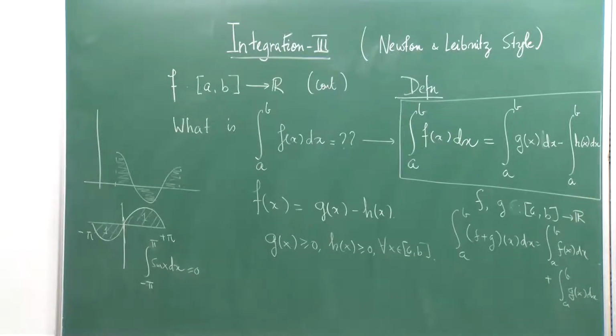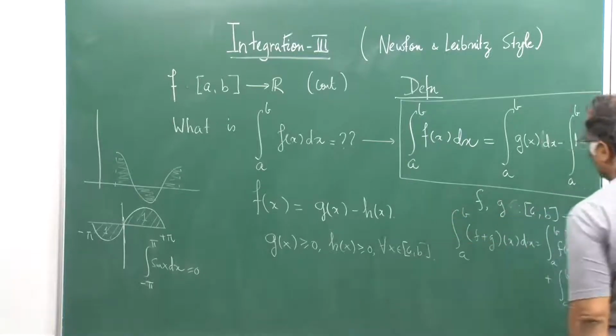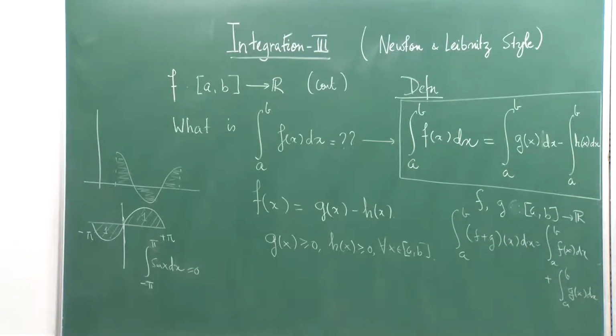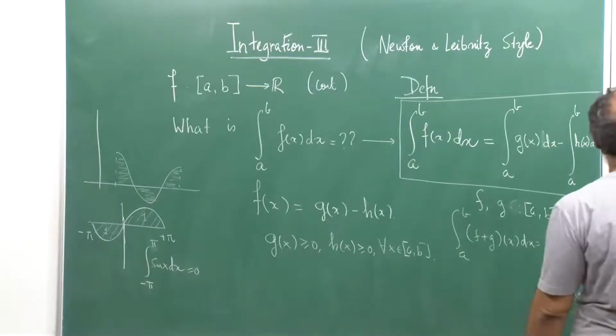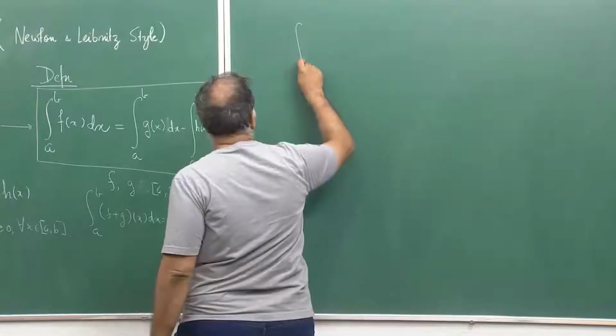Now, yesterday we showed that if I multiply a function by a positive number it will come out of the integral. Actually, it will be true for any number. Now, it's very important that you must have seen in calculus books a formula like this.